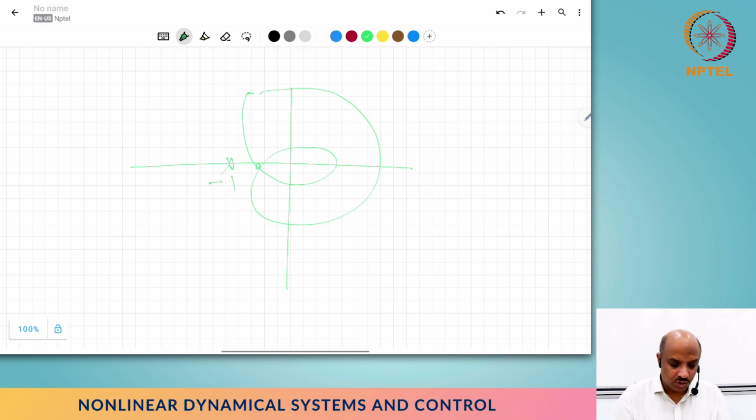So what margins talk about is, suppose I imagine multiplying this particular plot: how much should I multiply before it touches -1? That factor, when it goes to -1, gives you the margin, right? So this multiplication factor enters your transfer function and corresponds to some kind of parameter becoming uncertain, things like that.